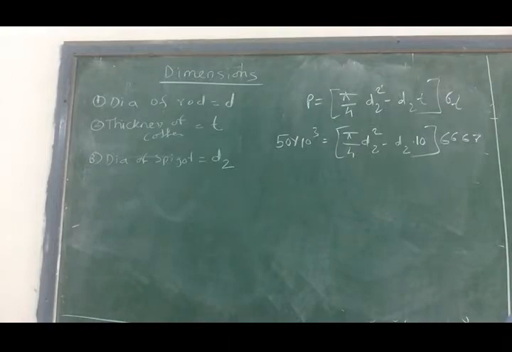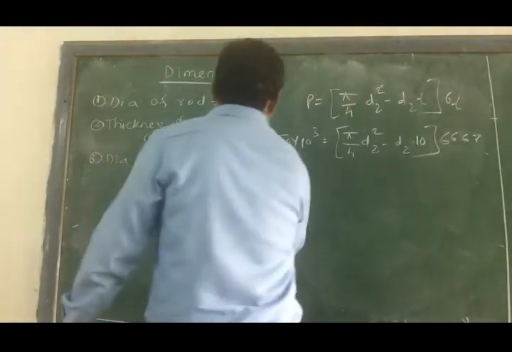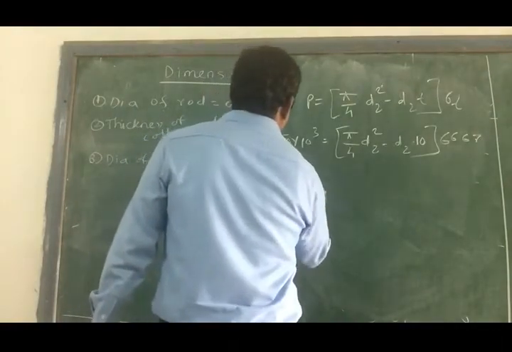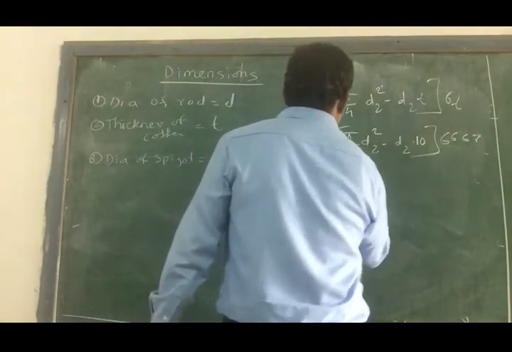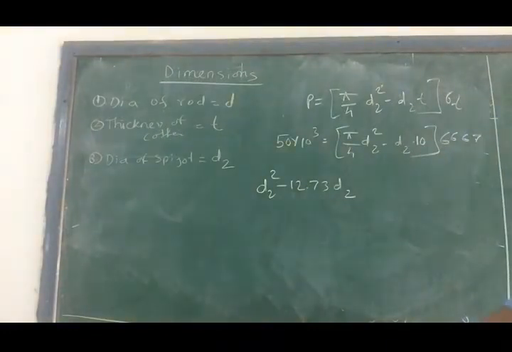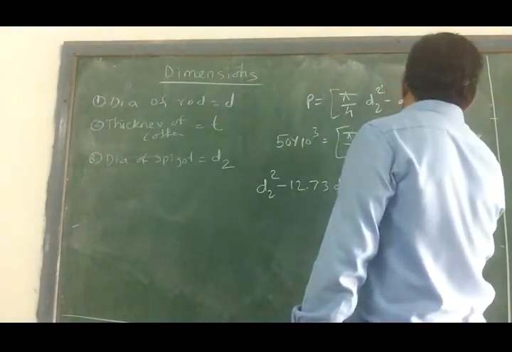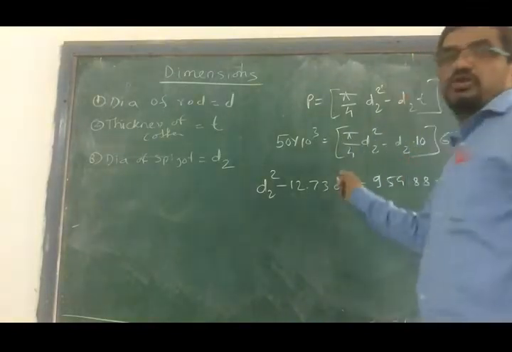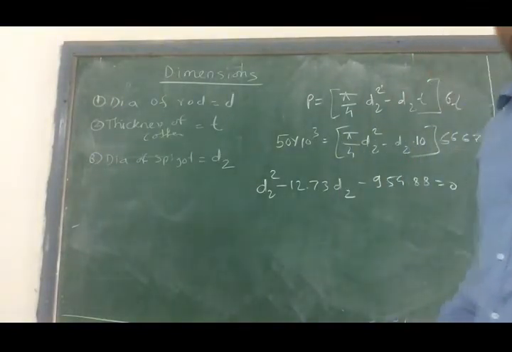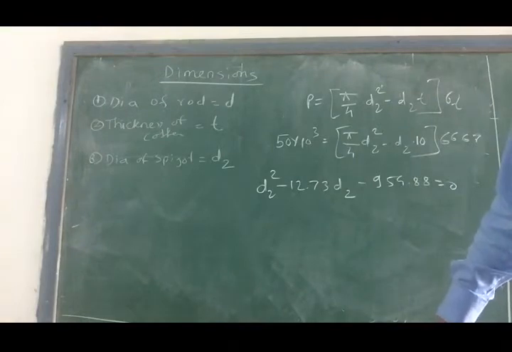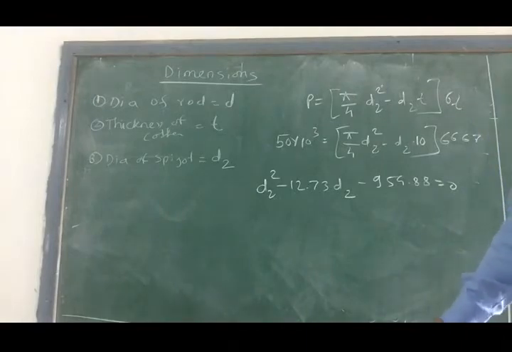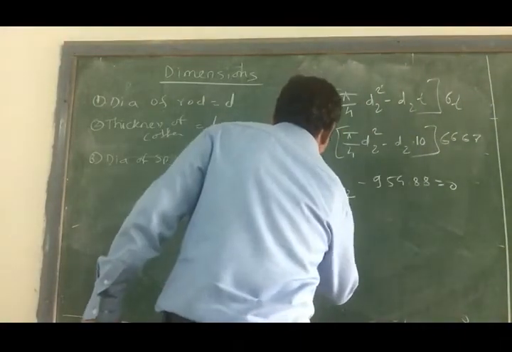So the equation we get is D2 square minus 12.73 D2 minus 954.88 is equal to 0. You can solve this second degree equation to get the values of D2. Basically, you get D2 as 37.92.